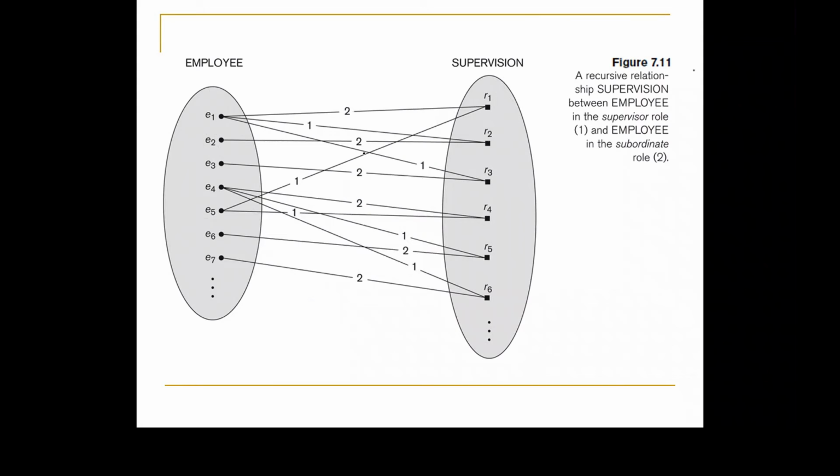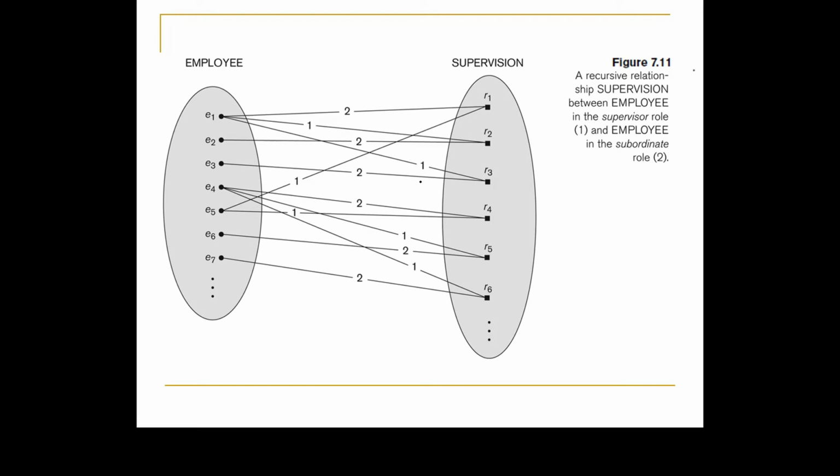So what is happening here? Figure 7.1 shows an example. The supervision relationship type relates an employee to a supervisor, where both employee and supervisor entities are members of the same employee entity set. Hence, the employee entity type participates twice in the supervision. Once in the role of supervisor or the boss, and once in the role of supervisee or the subordinate.